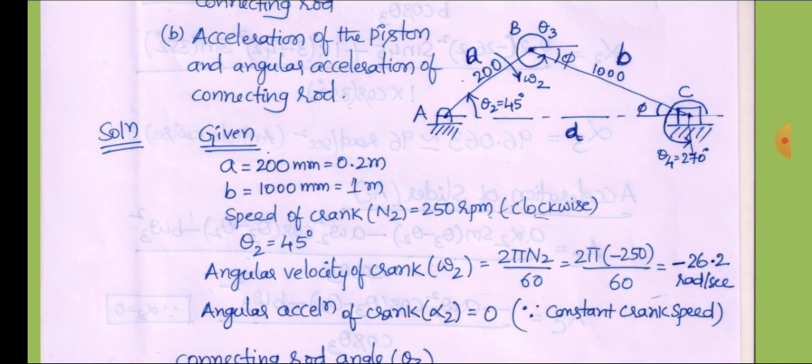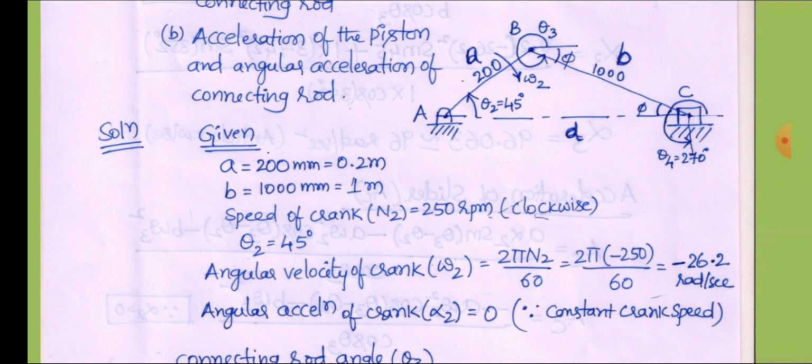Therefore, you find the angular velocity of the crank, omega 2, equal to 2 pi n by 60. Here n is nothing but n2. So 2 pi into n2, 250 rpm, I substituted minus because it is clockwise. So 2 pi into minus 250 by 60 is minus 26.2 radians per second. This is the angular velocity of the crank, omega 2.